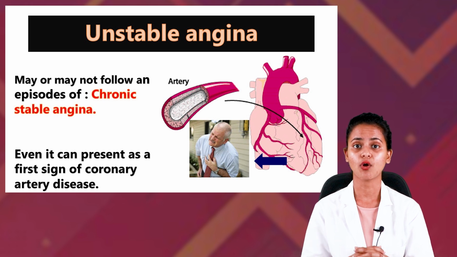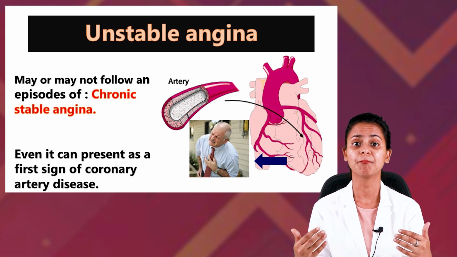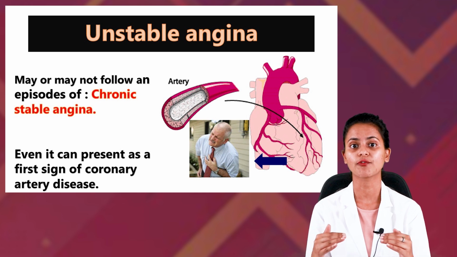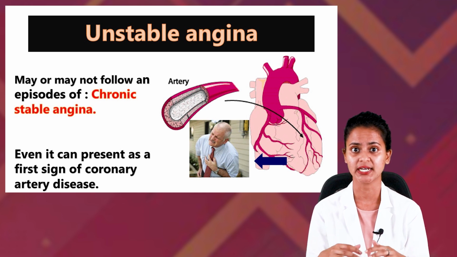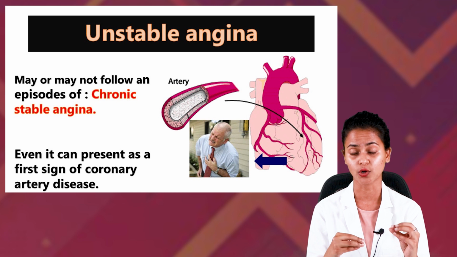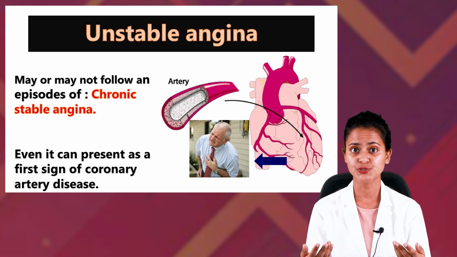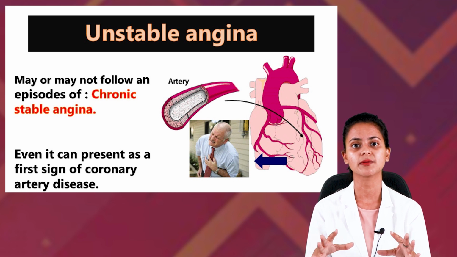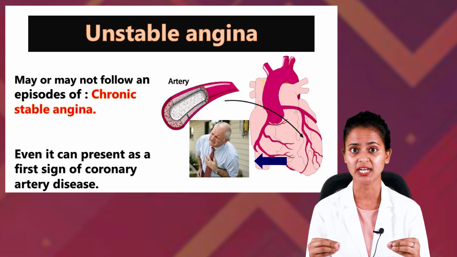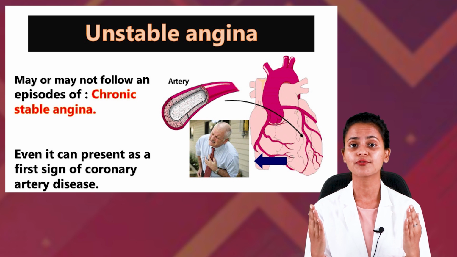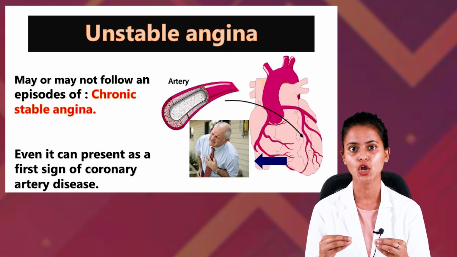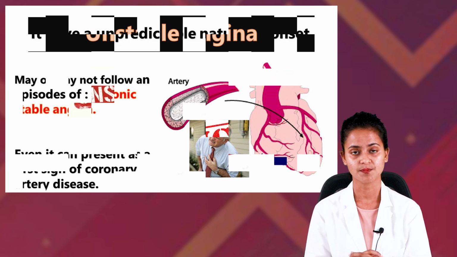Before, we have already discussed that a patient may not show the presence of chronic stable angina associated with chronic coronary artery disease. A person can directly come with unstable angina, which is considered to be the first sign associated with coronary artery disease.